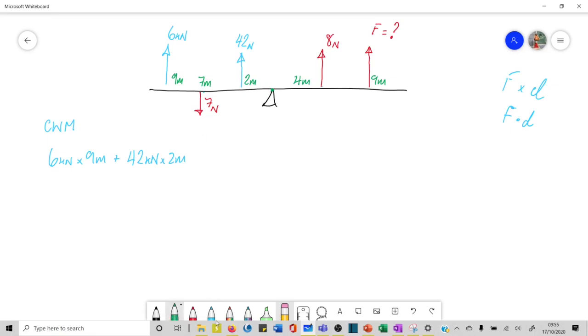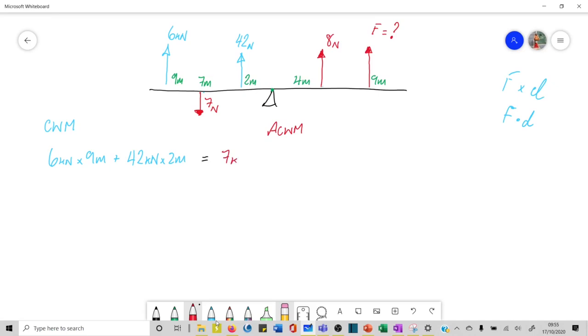the anti-clockwise moment. So we've got our force here, 7 kilonewtons times 7 meters, because obviously this here is going in an anti-clockwise manner. So is this one. All the anti-clockwise forces.